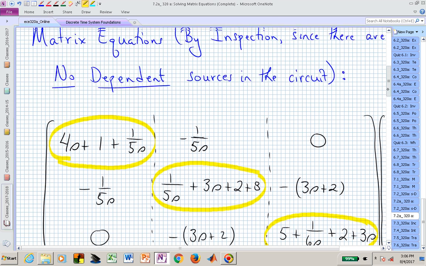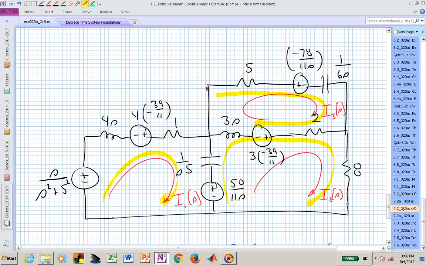How do we get the off diagonals? Now we go back to our circuit and we say, okay, what impedances are shared between these paired mesh currents? Do we have any impedances that are touched by both I sub 1 and I sub 2, or I sub 3? Do we have any impedances that are shared between I sub 1 and I sub 3?